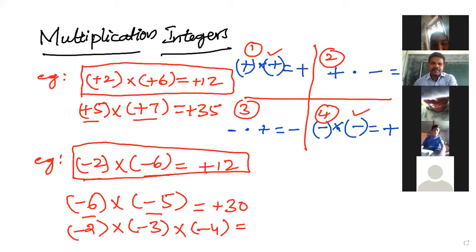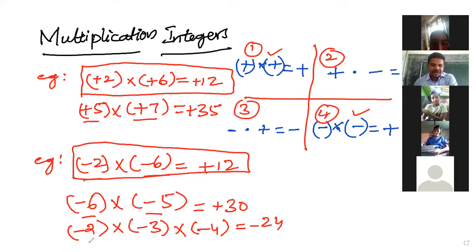Why? Because the number of integers is an odd number. If the number of multiplicands is an odd number, the result will be a negative number. 2 3s are 6, 6 4s are 24.